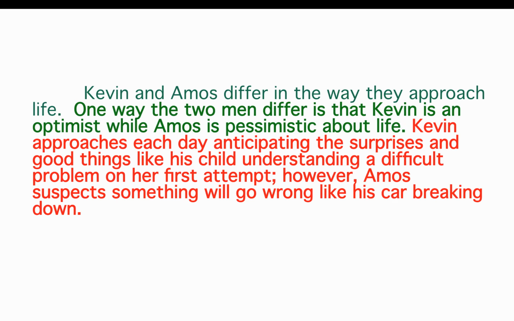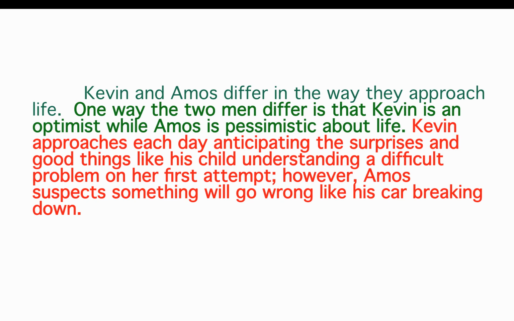And let's support that comparison or contrast by giving more specific information. So Kevin approaches each day anticipating the surprises and good things, like his child understanding a difficult problem on her first attempt. However, Amos suspects something will go wrong, like his car breaking down.